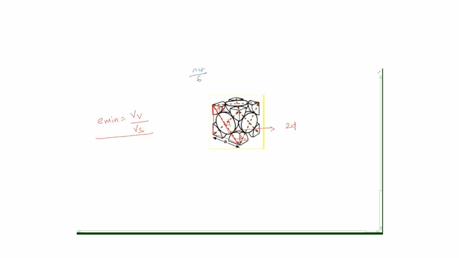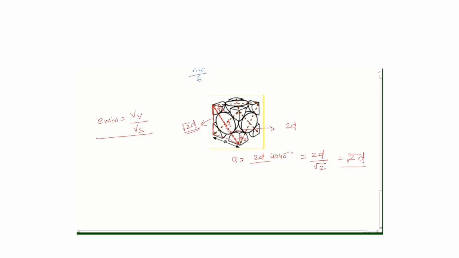This a is representing your length, so a will be nothing but 2d cos 45, that is 2d by root 2, which is nothing but root 2 d.